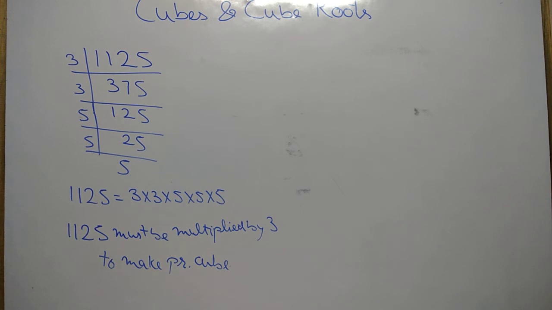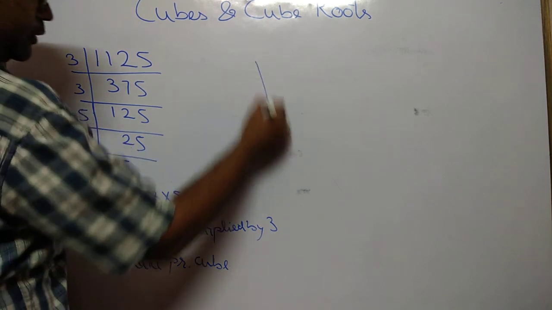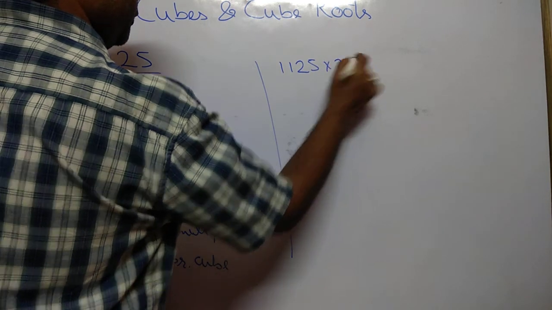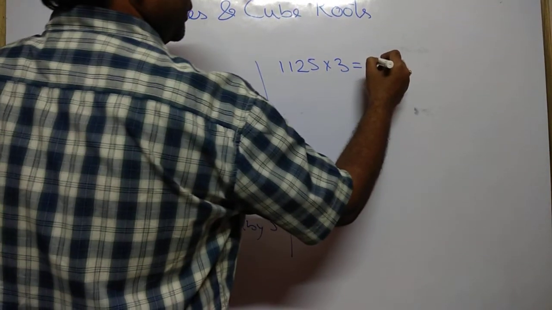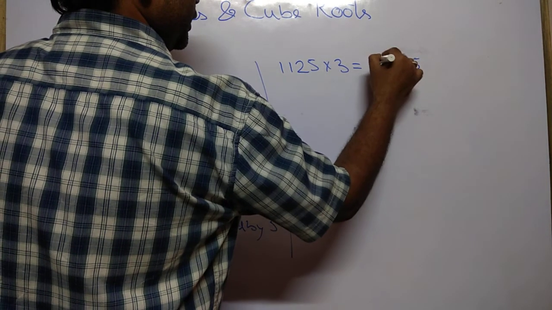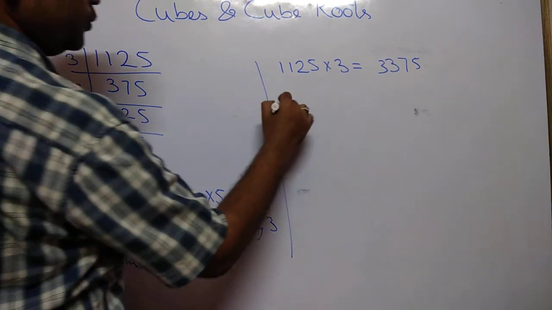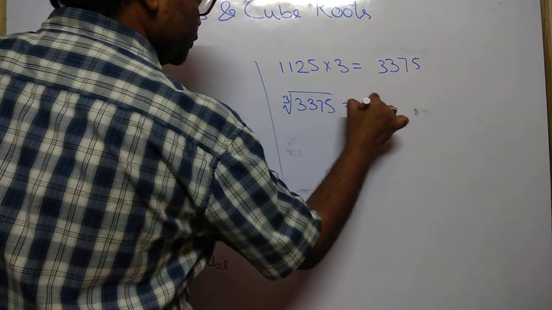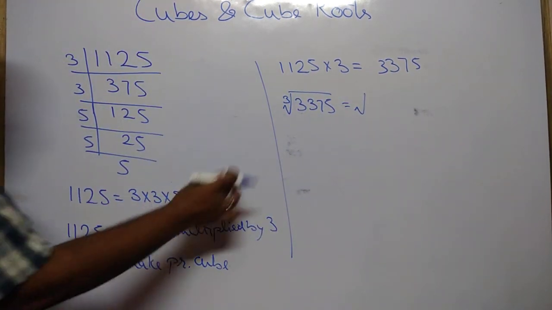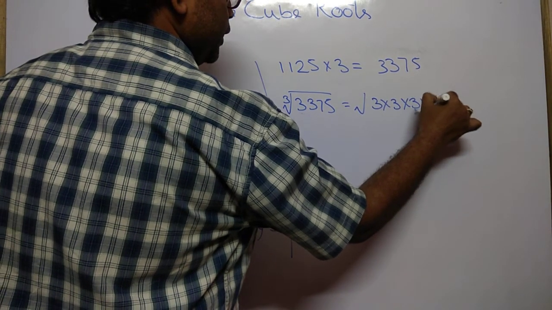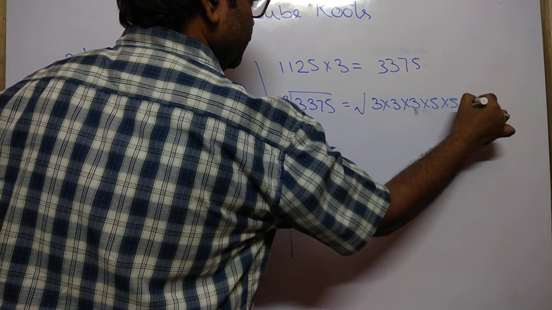This is one part of the question. Let's check the next part. The question says to find the product. So what is the product? Next line you write 1125 into 3. Then your number is 3375, and the cube root of 3375 equals 3 into 3 into 3 into 5 into 5 into 5.